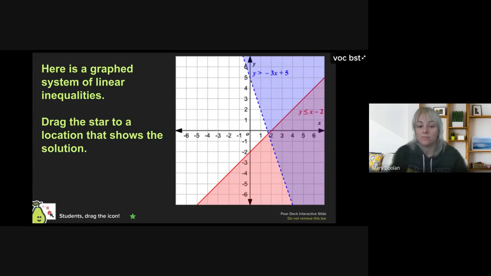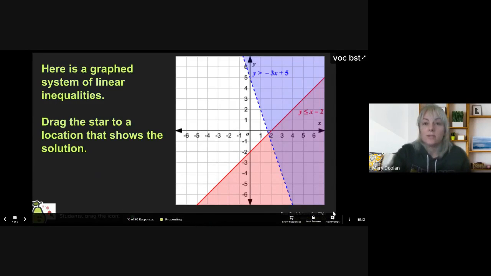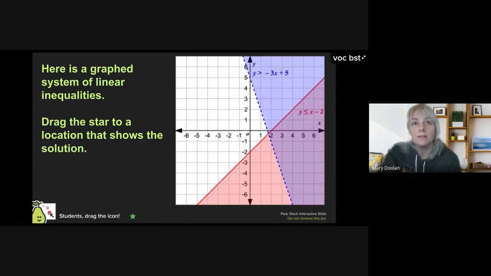There are lots of possible places to put your star, and a lot of wrong places. Ten of you have already done it, which is fantastic. I need the other ten of you to go to your Pear Deck slide and drag your star to where you think the solution area is, completely within the solution area.